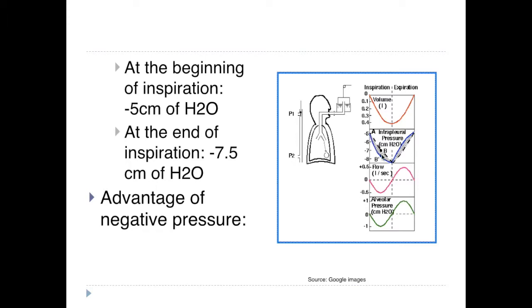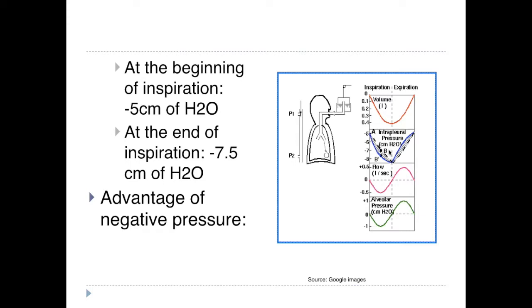Here you can see during inspiration, it may be as low as -7.5 centimeter of water, and pulls the surface of lung with great force, which creates negative intrapulmonary pressure. Because of this, inside the lung we have negative intrapulmonary pressure. So from -5 to -7.5 centimeter of water.